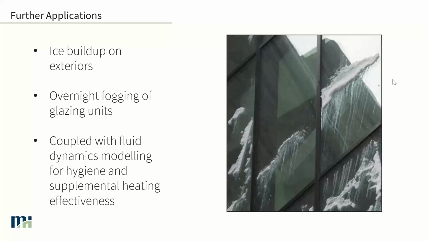If you put a baseboard heater underneath a window that you're hoping will alleviate all the problems, is that baseboard heater actually getting enough of that warm air to that surface to prevent condensation from happening? Or do you just make a big enough baseboard heater that it dumps a ton of heat? But of course, that's not necessarily going to meet your energy requirements either. So there's a lot of different ways that we can take these unique glazing system analyses and apply them further on other types of projects.